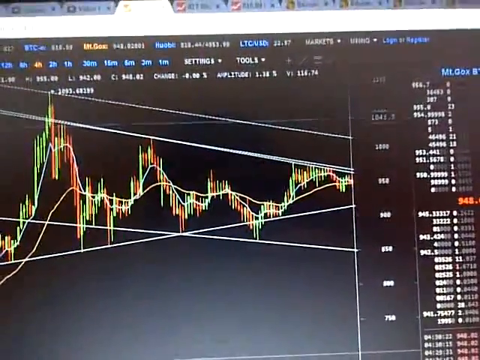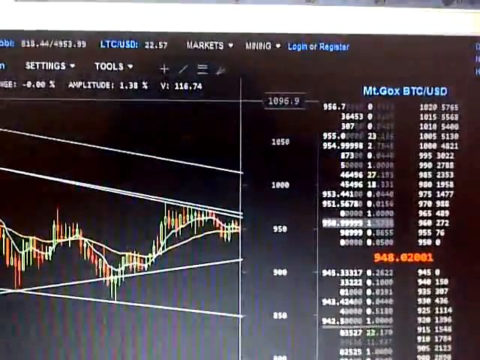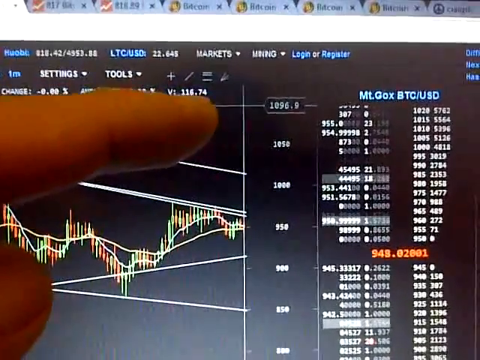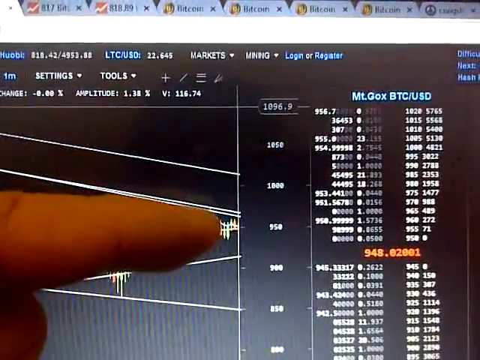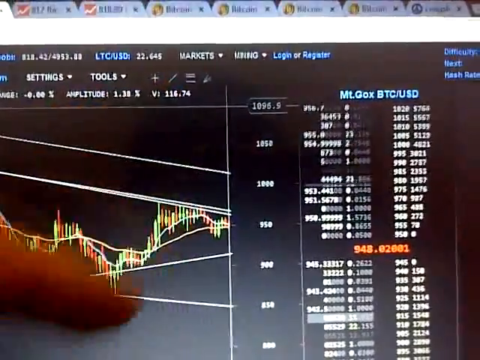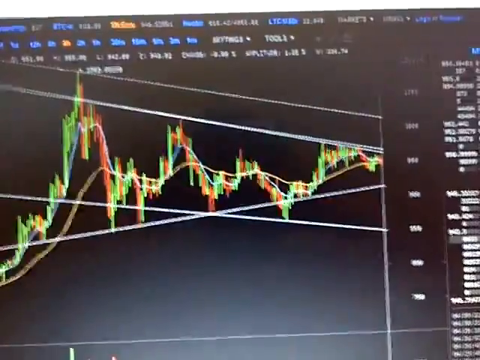So it has to go this much higher. So that's how much higher it has to go from 1100, right? And where is it? 950. So it's got $100 to go, all right, to continue on the uptrend.